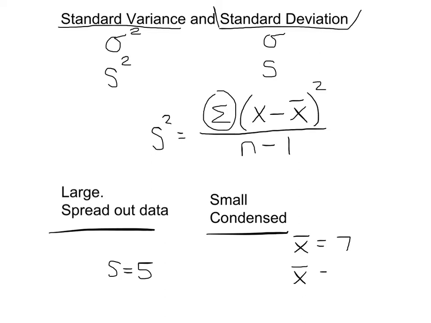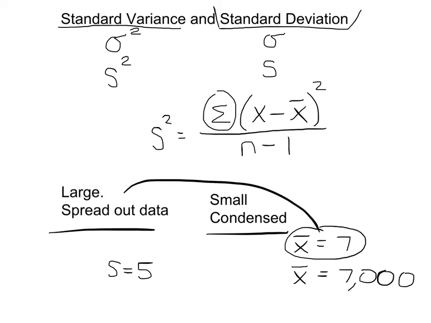If my x bar, on the other hand, is 7,000, 5 is not that big. So then a standard deviation of 5 in this example would represent very spread out data, where in this example it would represent very condensed data.